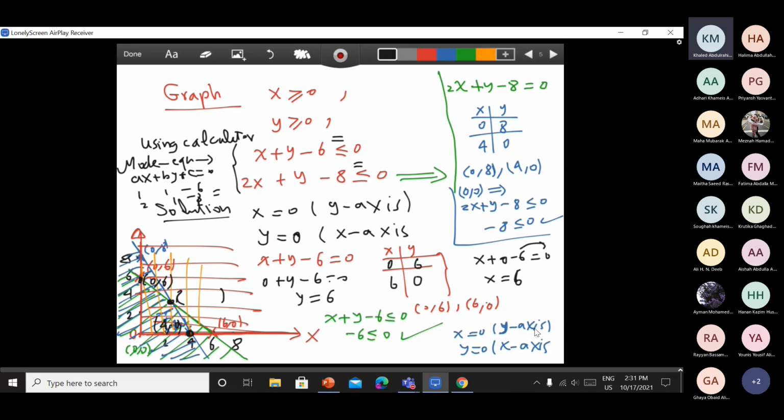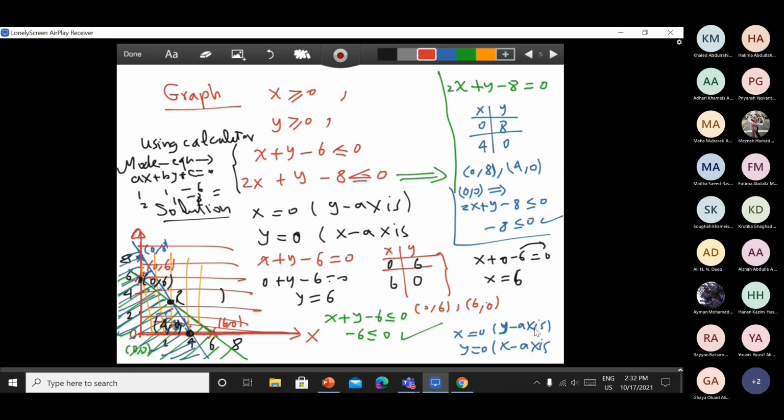Doctor, should we press mode 5, then what? Mode, equation. Then which one? Mode, equation, and input the type of your equation, ax plus by plus c equal to 0.